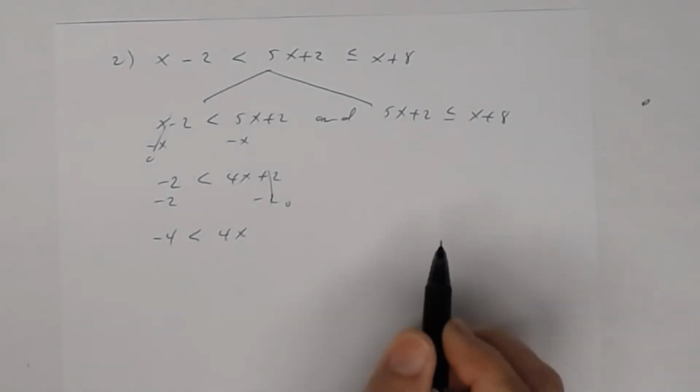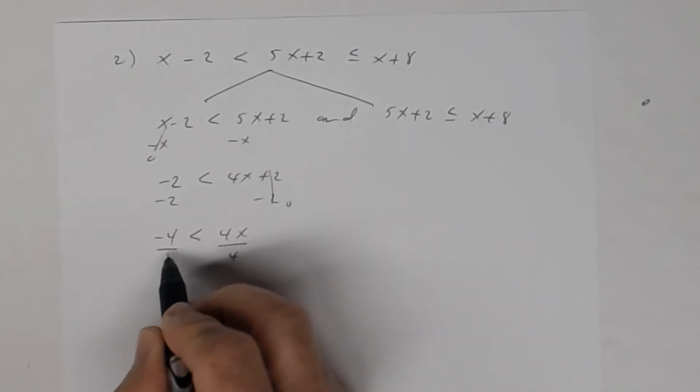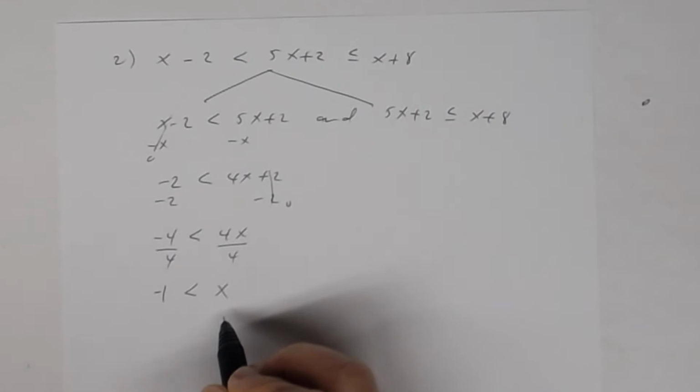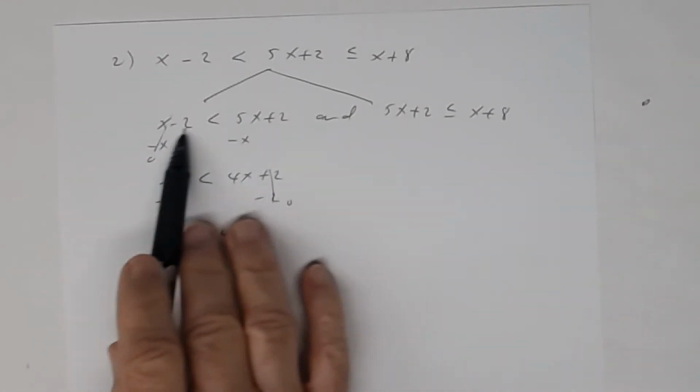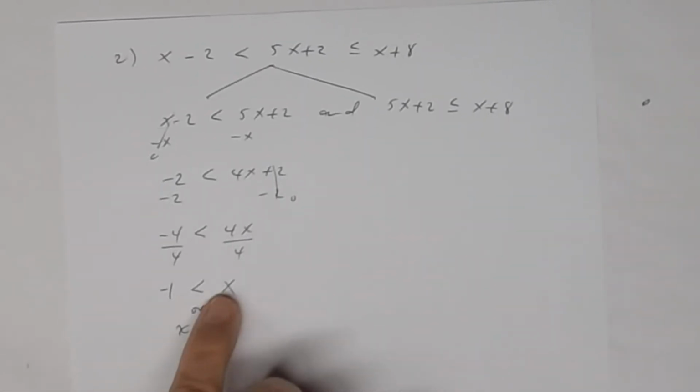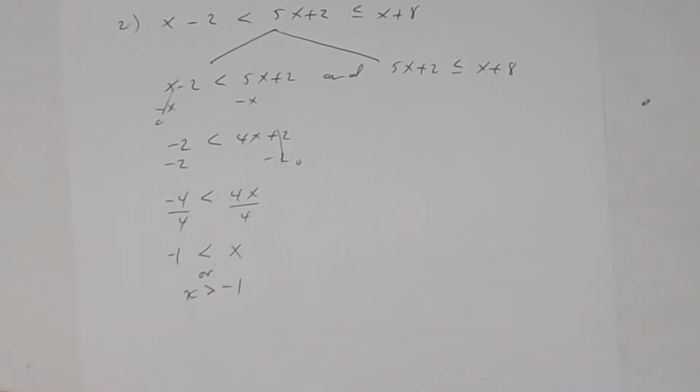Divide both sides by 4. I get negative 1 is less than x. So the solution to this simple inequality is any number greater than negative 1. Negative 1 is less than x means x is greater than negative 1. So that's what I found.